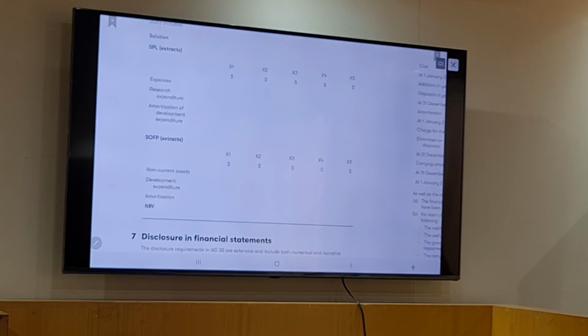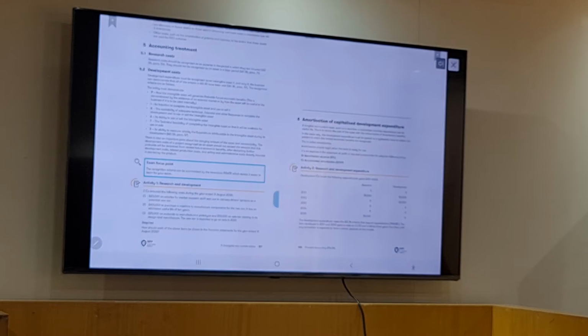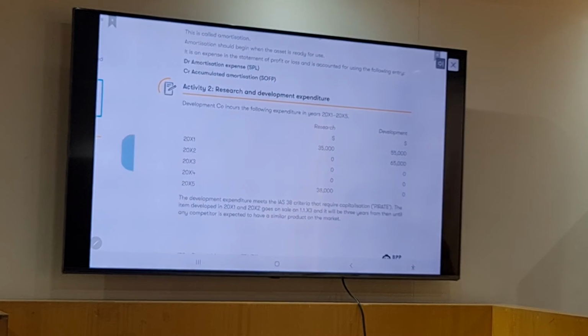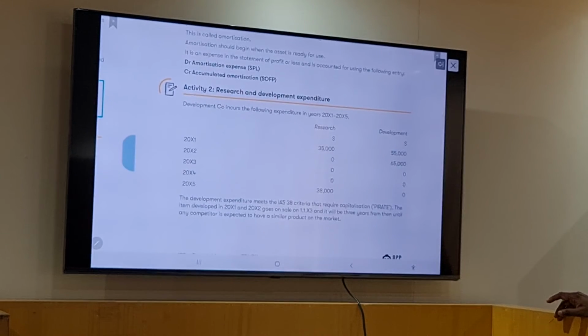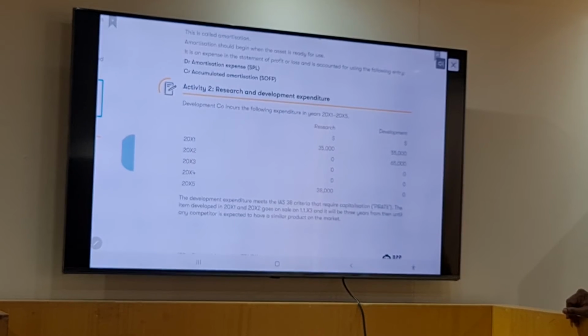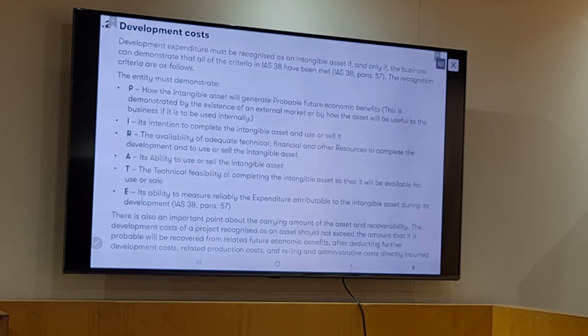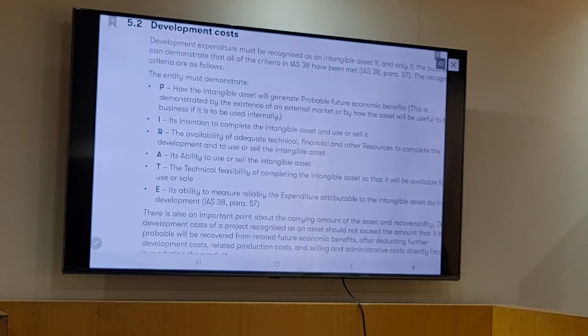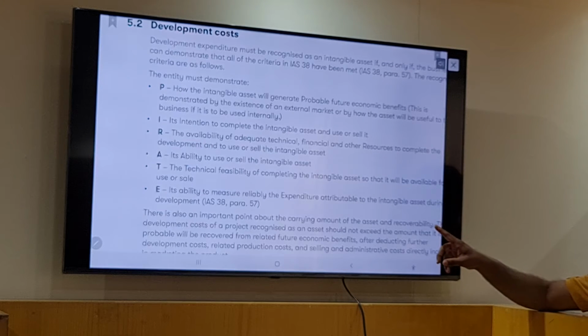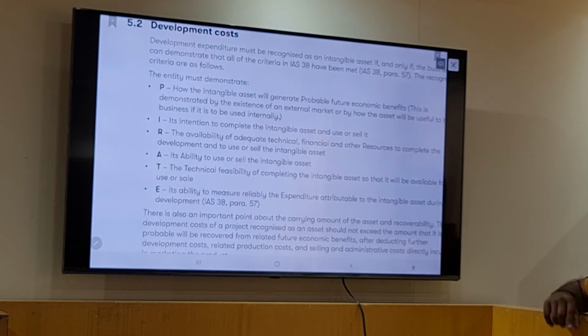So this is another way of telling the 5 conditions: probable economic future benefits, intention to complete, availability of adequate technical, financial and other resources, ability to use or sell the intangible asset, technical feasibility, and the ability to measure the expenditure reliably.